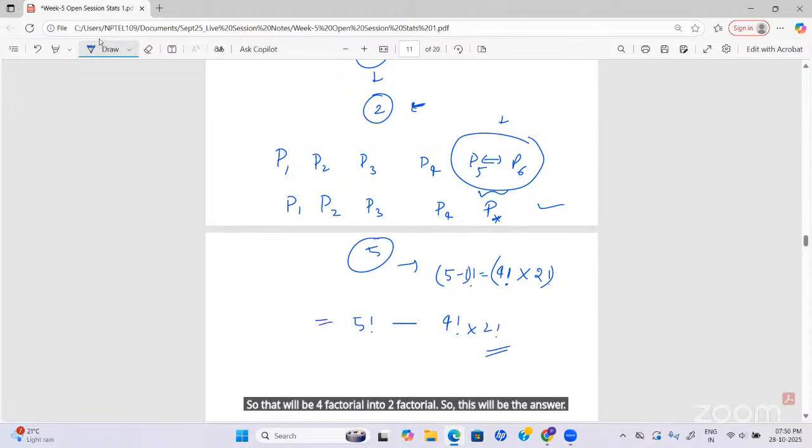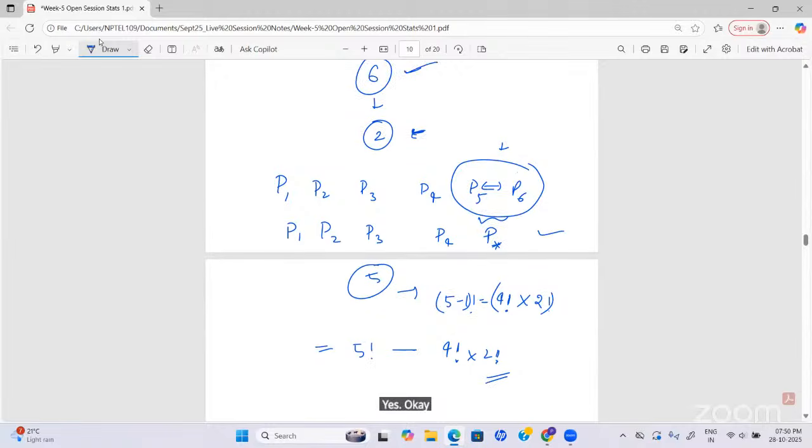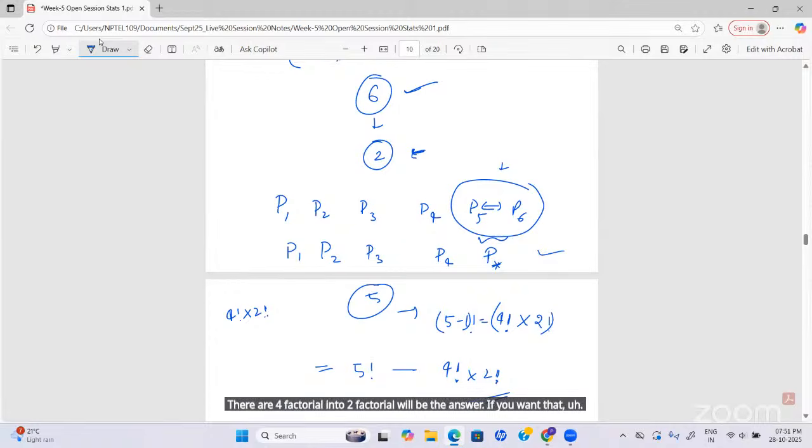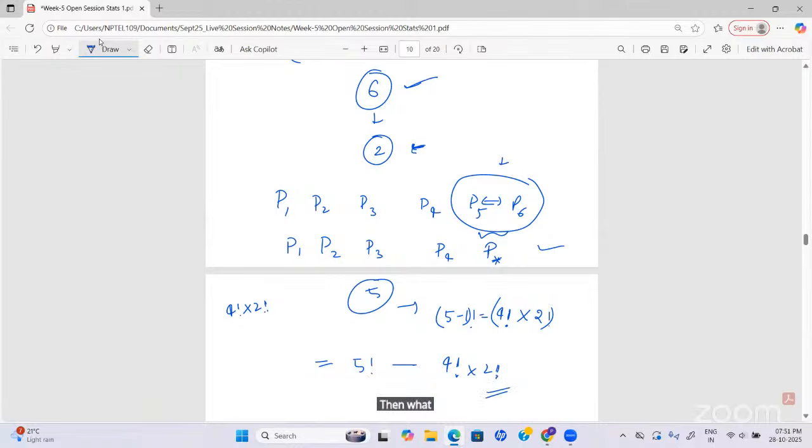Okay, that's what I'm saying. These two persons will not sit together. If you want these two persons to always sit together, then 4 factorial into 2 factorial will be the answer. If you want that these two persons should never sit together, then you have to do it in a reverse manner.